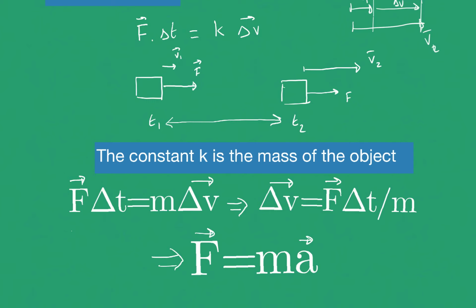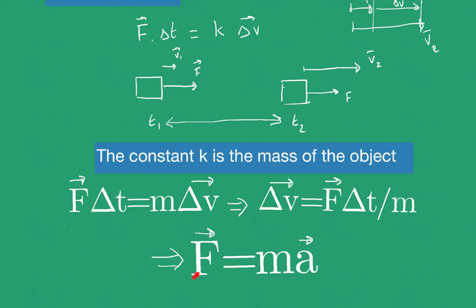So from this equation we can see that the change in the vector velocity is the force acting during the time delta t divided by the mass. So the change in the vector velocity depends on the mass of the object. If the mass of the object is very big, the change in the vector velocity is very small.